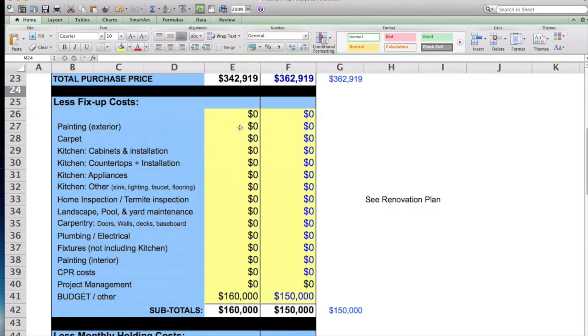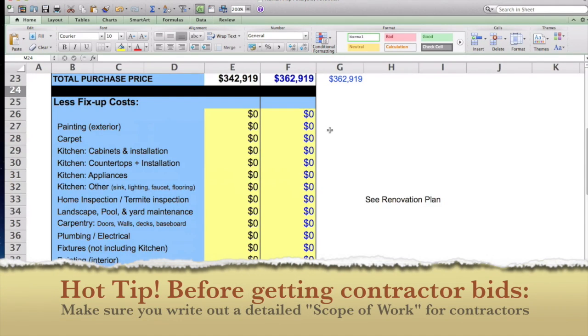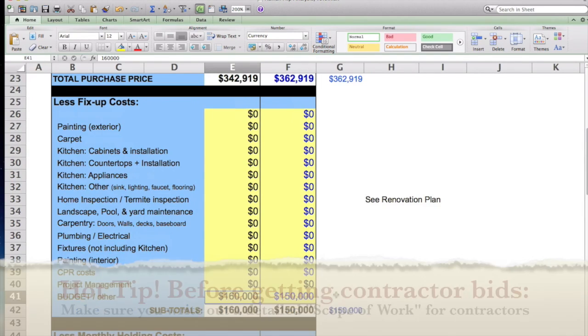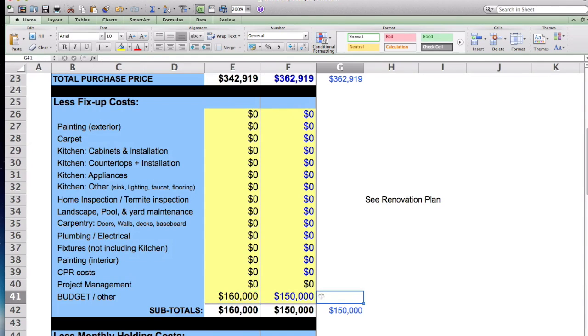So our fix-up costs. Now, a couple of ways that we could do this. We go over this in more detail in the mentor course, and also in the training video that I made for you on renovating a property. But essentially what we've done here is I got competitive bids from a couple of my general contractors on this, and I went with the higher one, even though I got a bid that is lower than this, because for planning purposes, I always want to use the more conservative number.